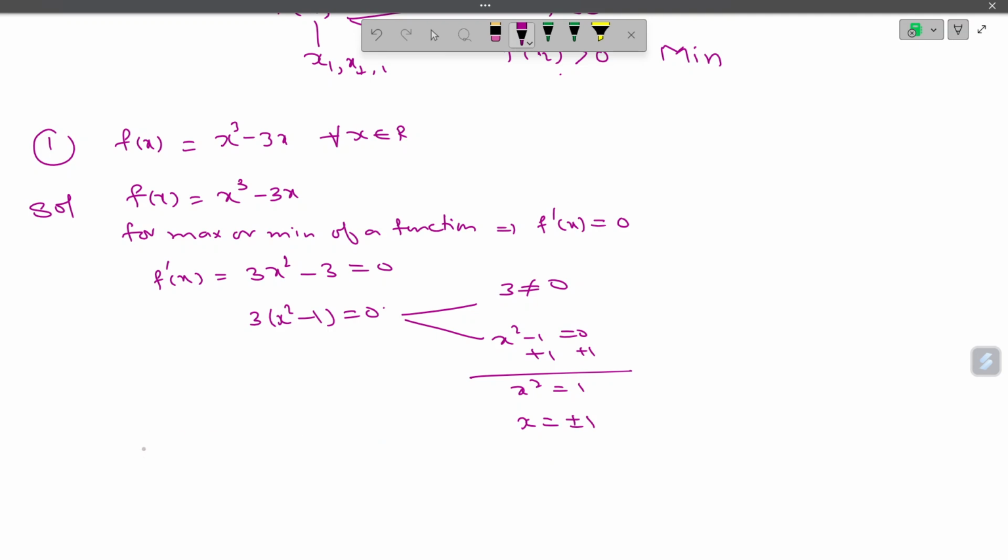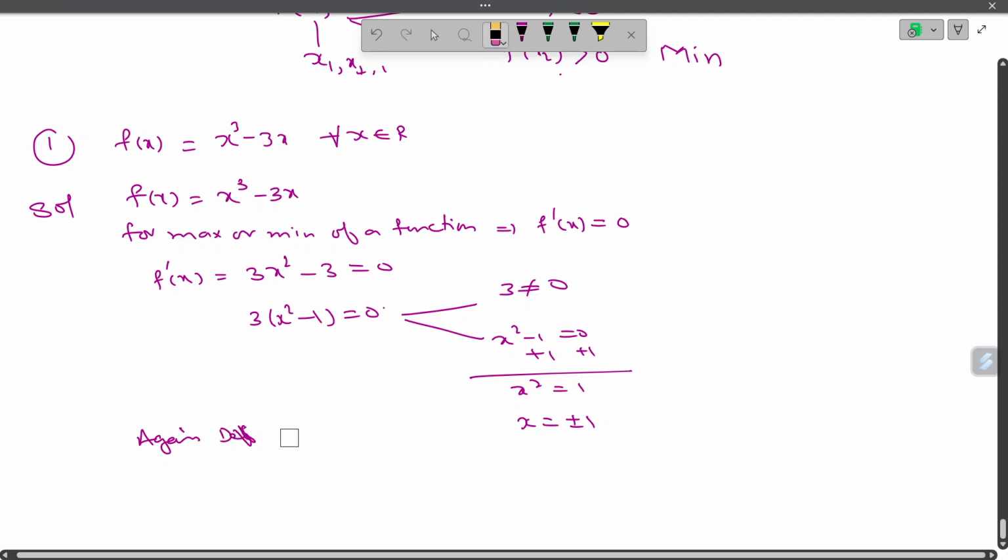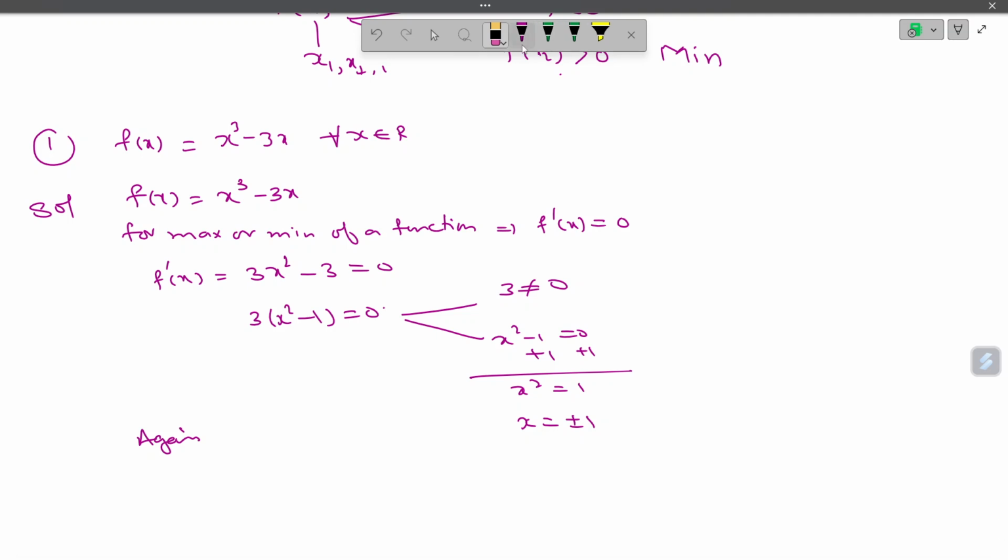We got two values. Now again differentiating with respect to x. F double dash x, if you differentiate again, it will be 6x.